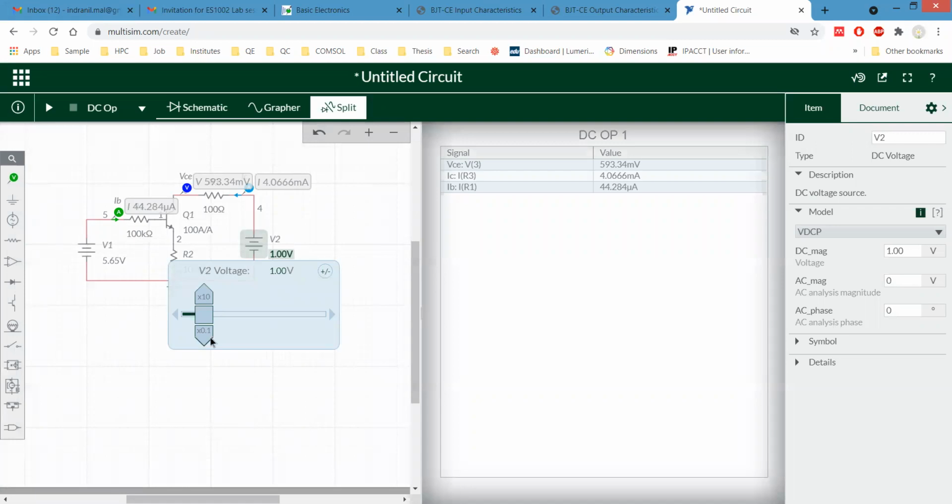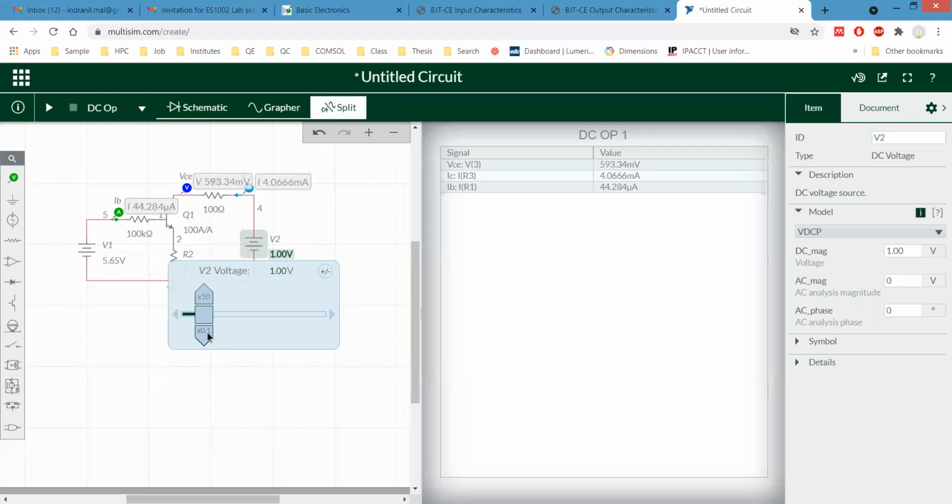Now, initially it was 80 millivolt, right? First data it was 80 millivolt, and then we have considered 1 volt, right? The initial data for this set was 64 millivolt, and now we are having 593. So a huge gap is there.